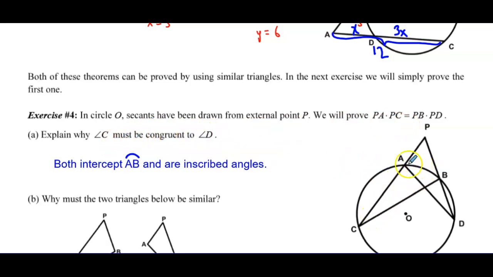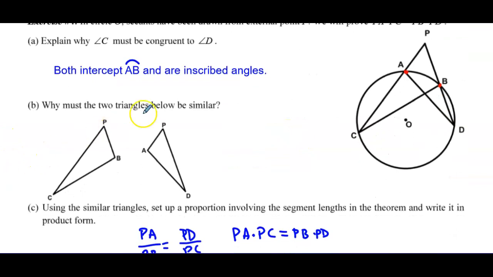Well, angle C has endpoints at A and B. Angle D has endpoints at A and B, so they're both intercepting the same arc as inscribed angles, therefore they're half of the same arc and equal to each other. Why must the two triangles below be similar? Alright, well, if I have equal angles at C and D, I just need one more pair of equal angles. Where would that occur?